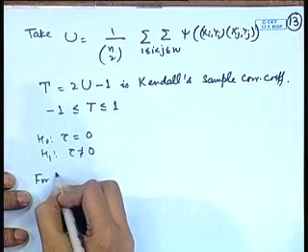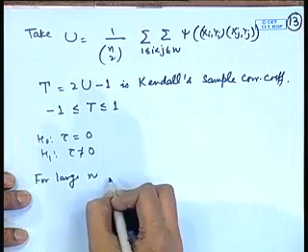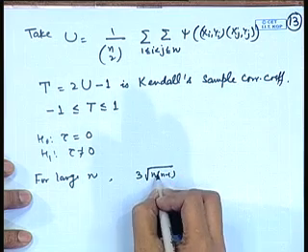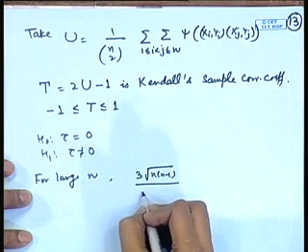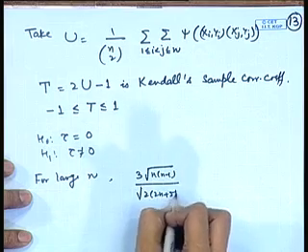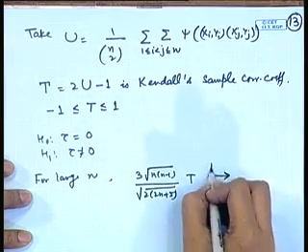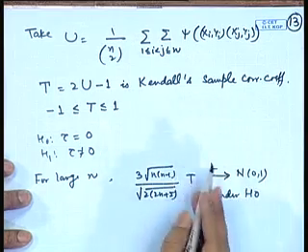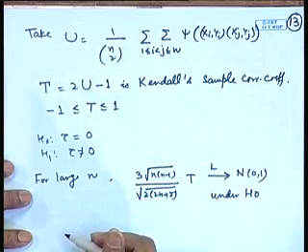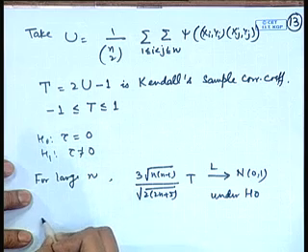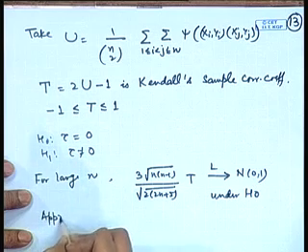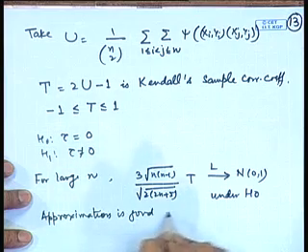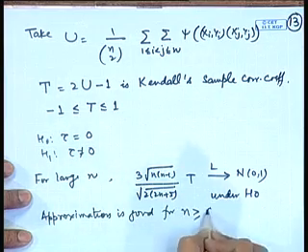However, a large sample test is given based on the approximation that the distribution of 3 root n(n minus 1) divided by root of 2(2n plus 5) into t is asymptotically normal 0, 1 under H naught. So, one can use this for testing the hypothesis tau is equal to 0, and it has been observed that the approximation is good for n greater than or equal to 8.